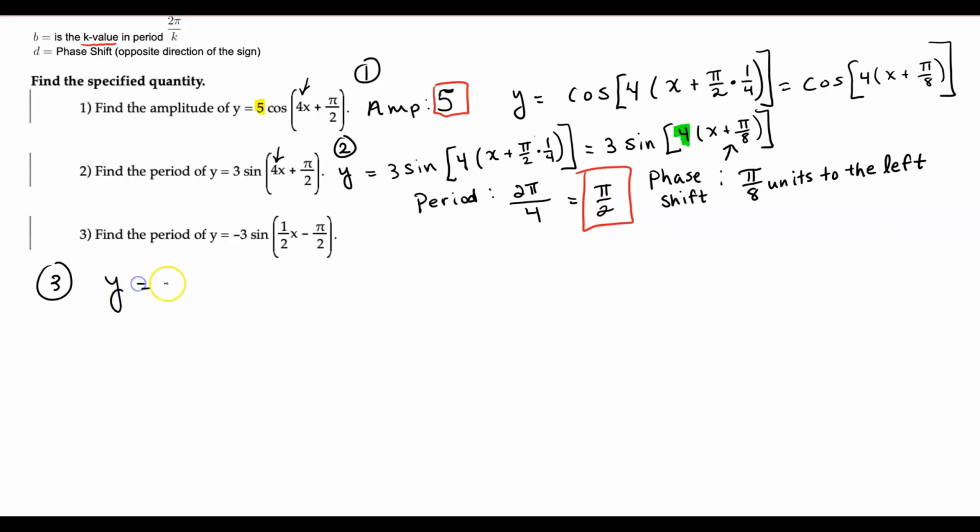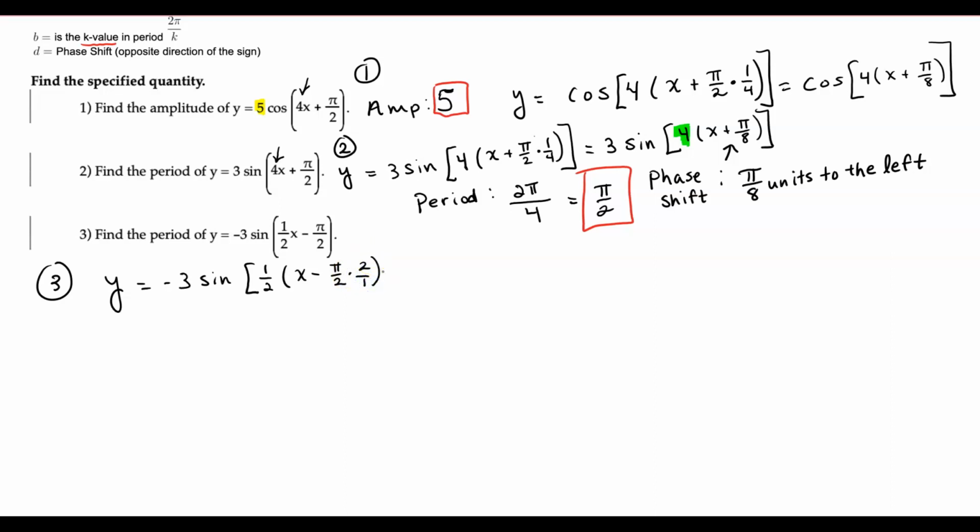Okay, so y equals -3 sine. I'm going to put my square bracket, okay, and I do have to divide out that 1/2. So the 1/2 is going to come out, and on the inside I'm going to have x minus pi over 2 divided by 1/2, which is the same as multiplying by the reciprocal, 2 over 1.